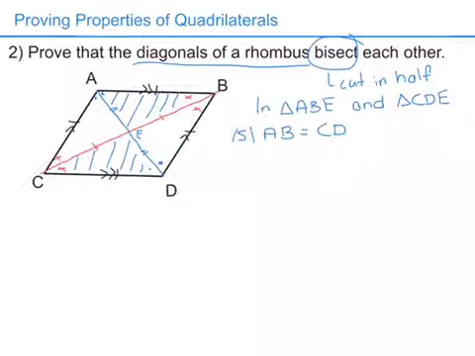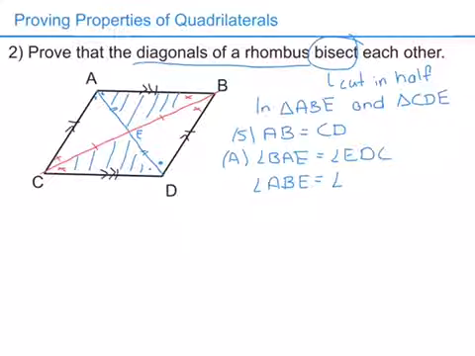So I'll start by saying that angle BAE is equal to angle EDC in the triangle below it, and they're the two blue dots that I've identified. And I'm also going to say that angle ABE, which is the red cross, is equal to angle ECD in the triangle below that.